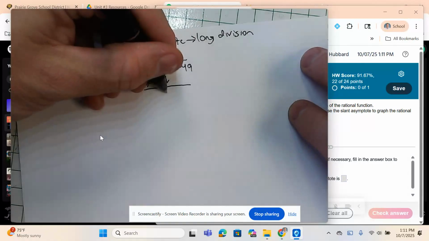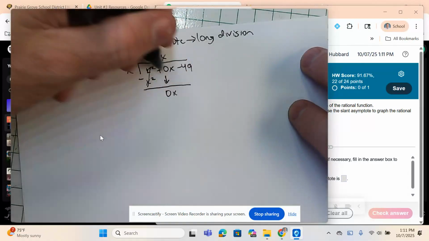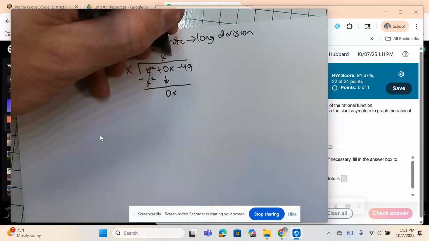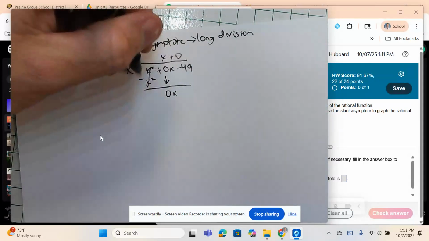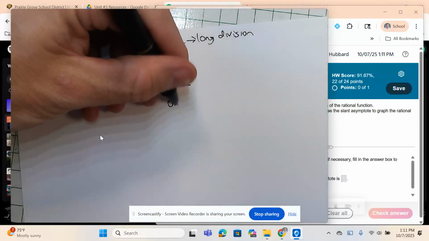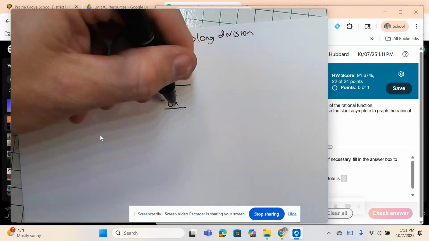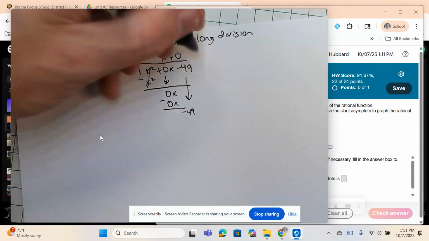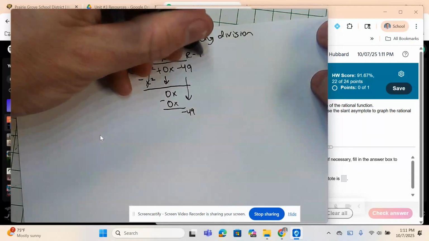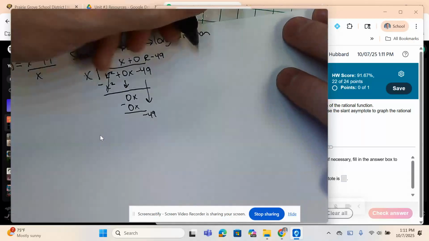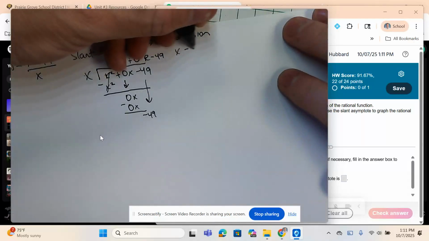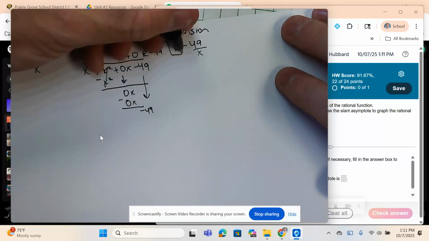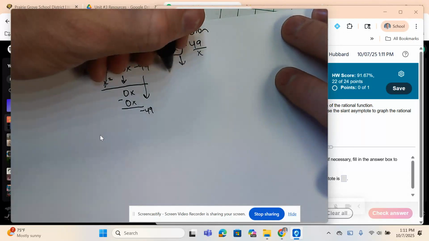Bring down 0x. X times what gives you 0? Nothing. So you multiply this by 0. And then negative 49 is going to be a remainder. So it's x minus 49 divided by x, but the slant asymptote is just this part. So the slant asymptote is x.